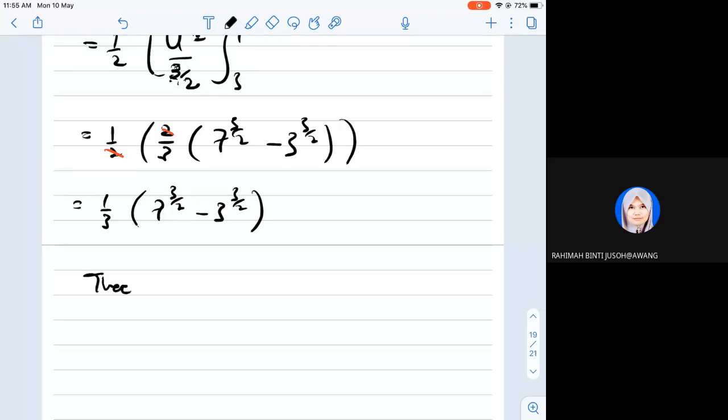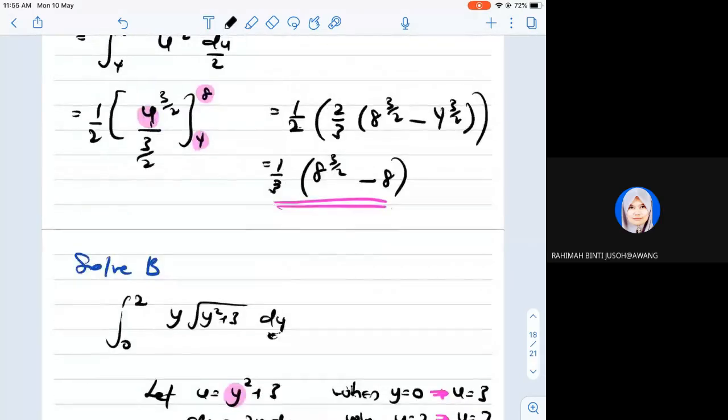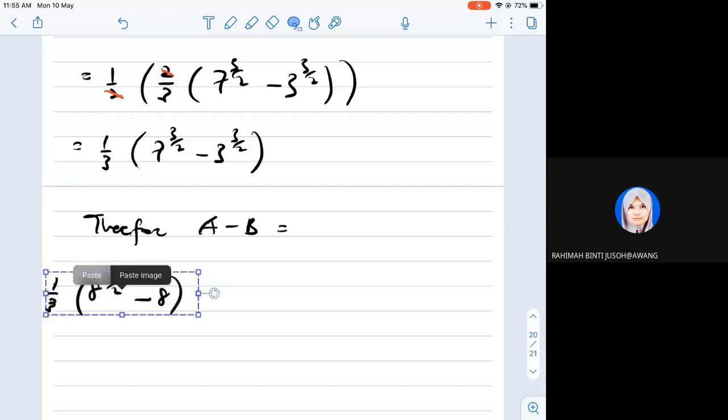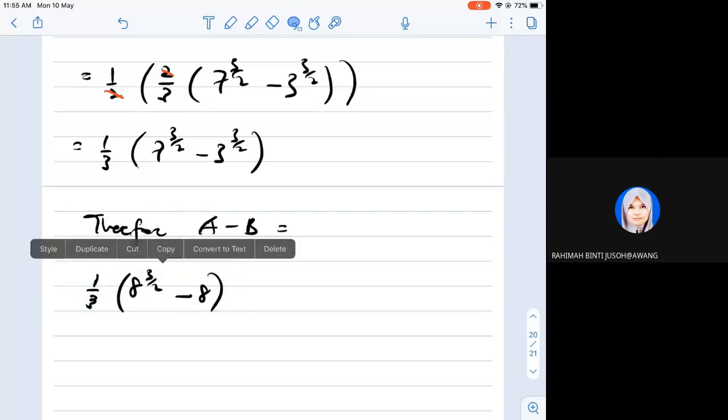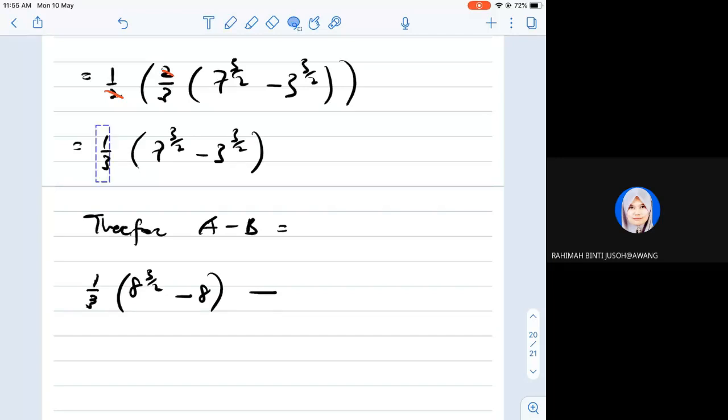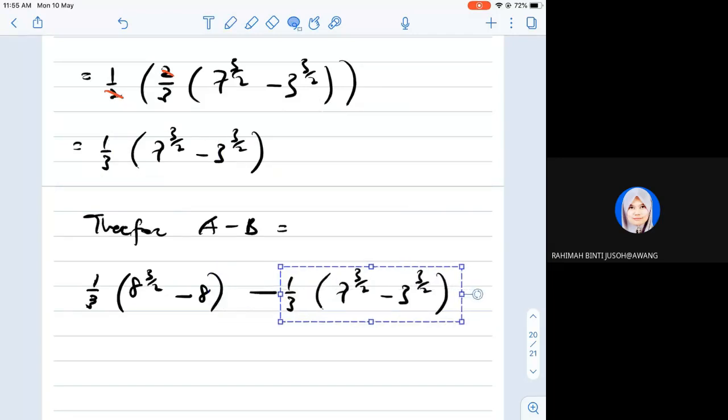Therefore, A minus B samalah dengan A tadi yang ni. Copy. Paste. Minus B. Copy. Paste.